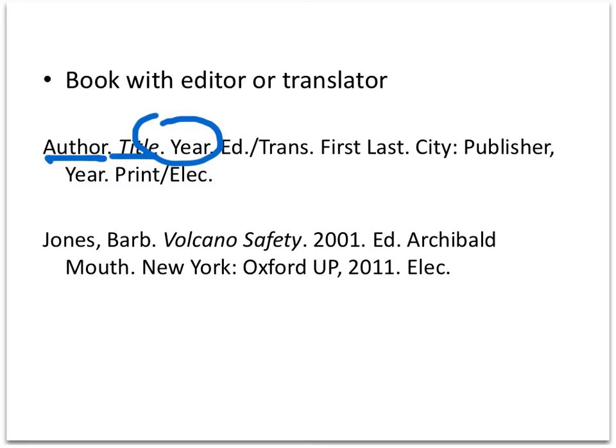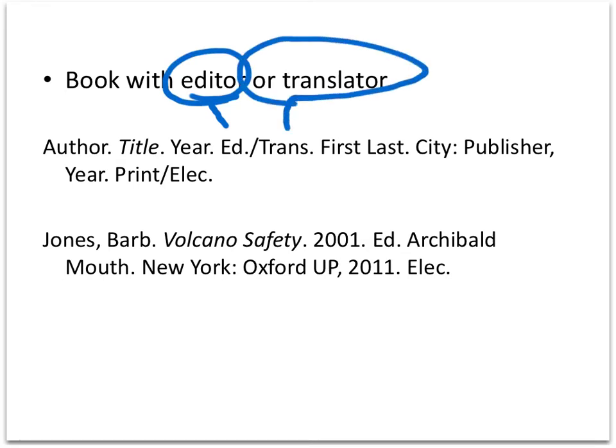Now, the second thing we need to include where the differences begin is in this edited or translated part. So these two abbreviations here, ED just stands for editor, and trans stands for translator. So if our book was edited, we will simply use ED.